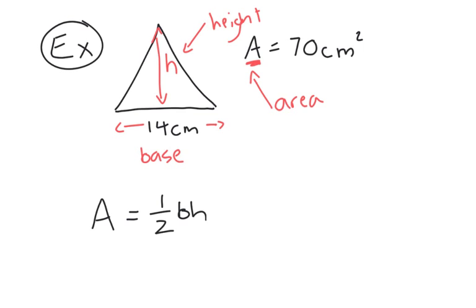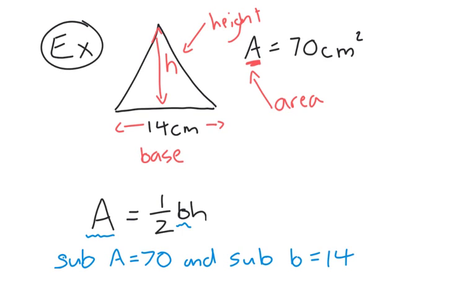The first thing you want to do is substitute in your known values. I'm going to substitute in area, and I'm going to substitute in base. So I'm going to write that down. Substitute A equals 70 and substitute B equals 14.